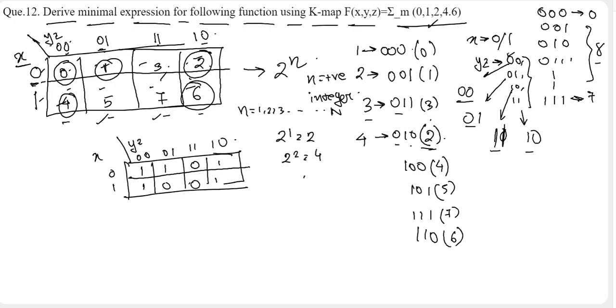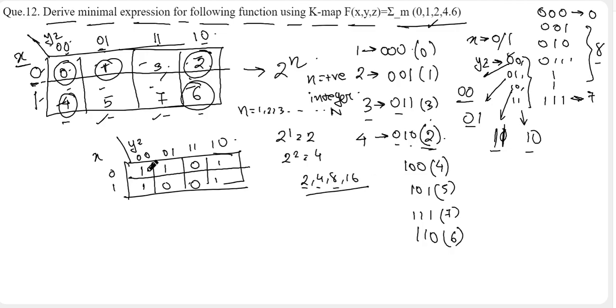So we can make groups of 2, 4, 8, 16 like this. From the K map, we have to see whether we can make a group of 2 ones or 4 ones or 8 ones like this.